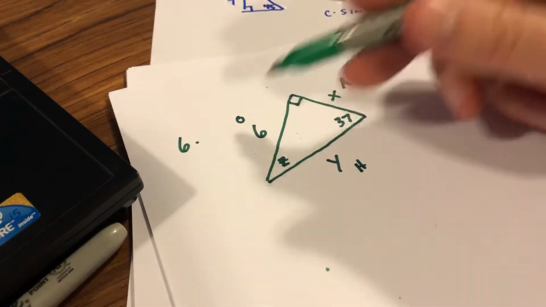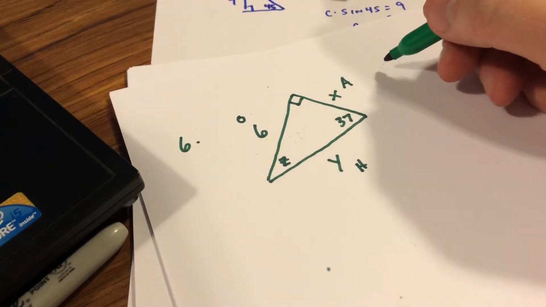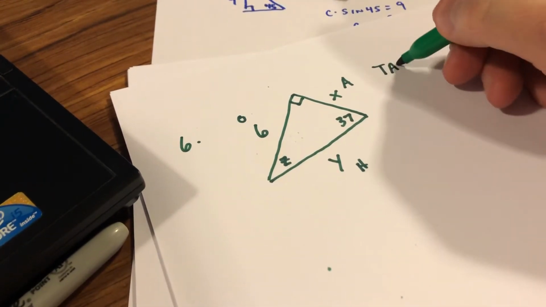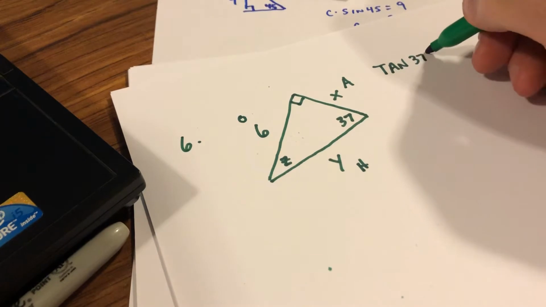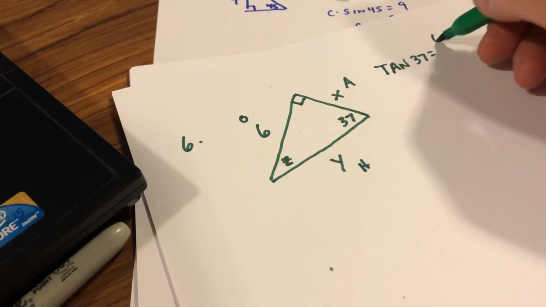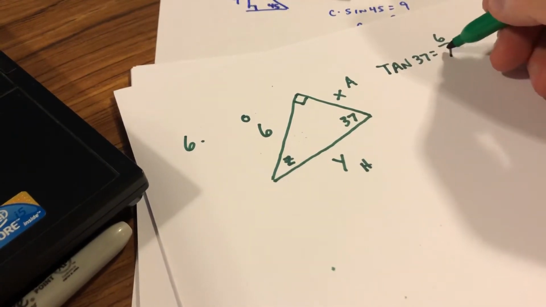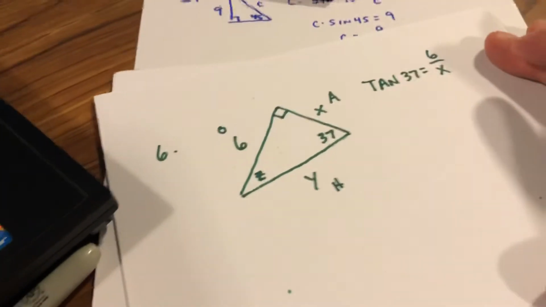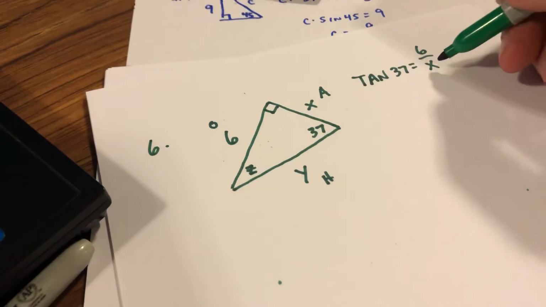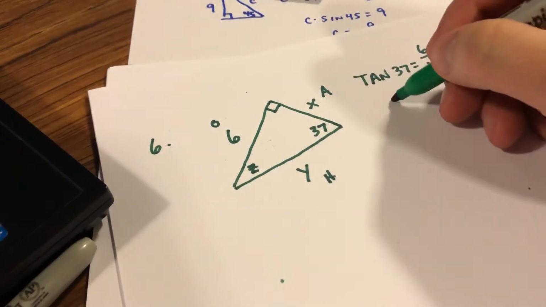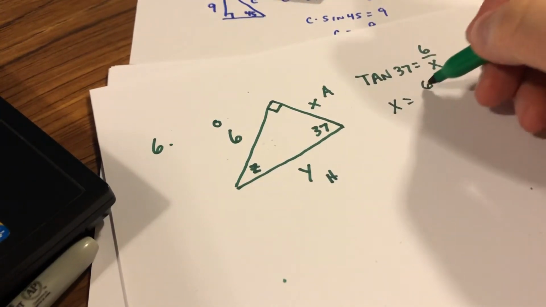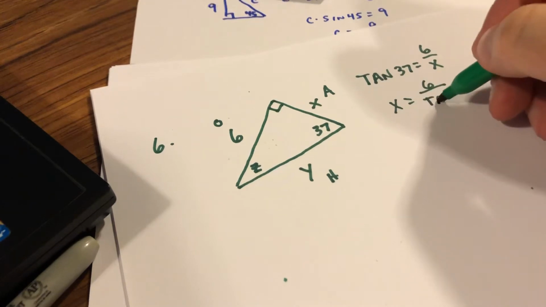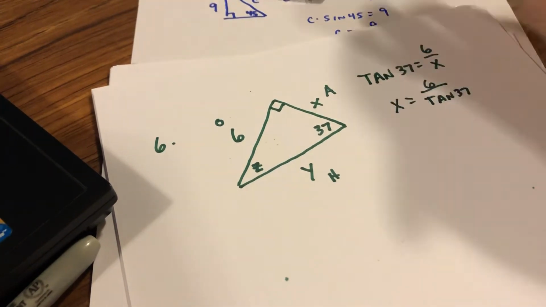That's adjacent and opposite, so that tells me that's TOA. So I'm going to do the tangent of 37 equals the opposite, which is 6, over the adjacent, which is x. Now, just like the previous problem that we did, in order to solve for x when the variable's on the bottom, basically what I'm doing is I'm taking the 6 and dividing it by the tangent of 37.